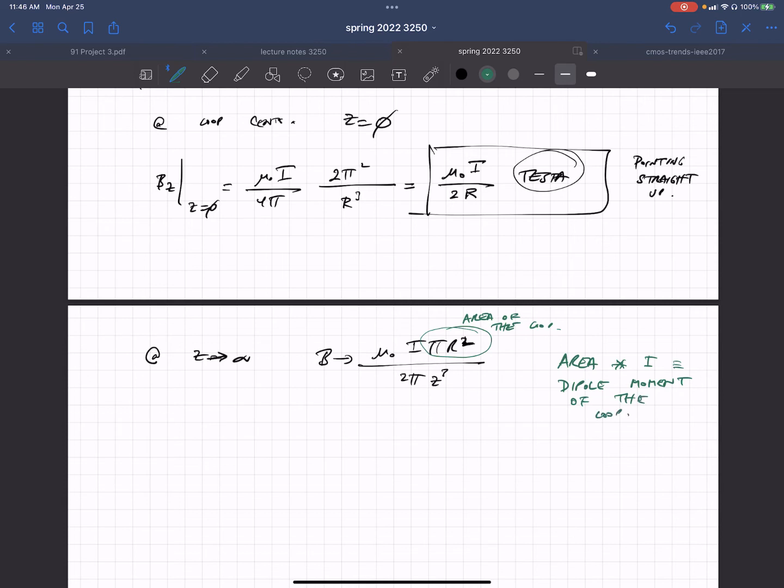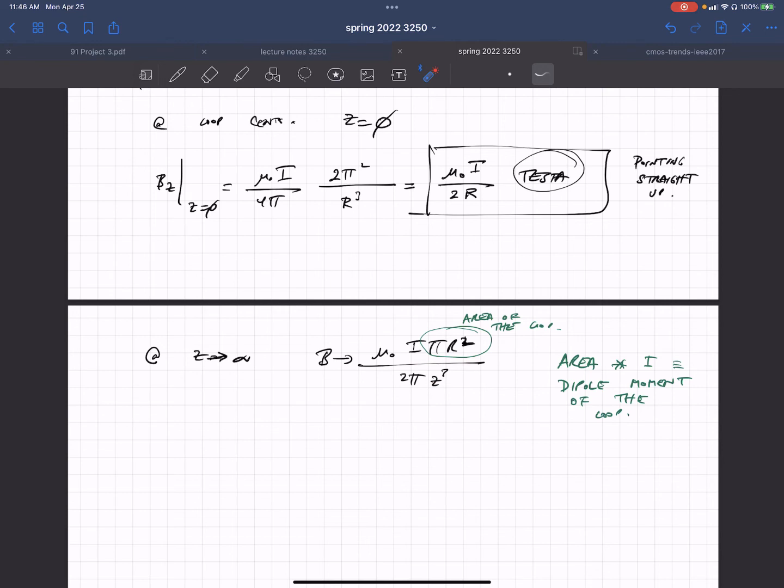So if you think of it that way, we end up with this magnetic constant times this magnetic dipole moment of a loop, and then it has this 1 over z cubed component.